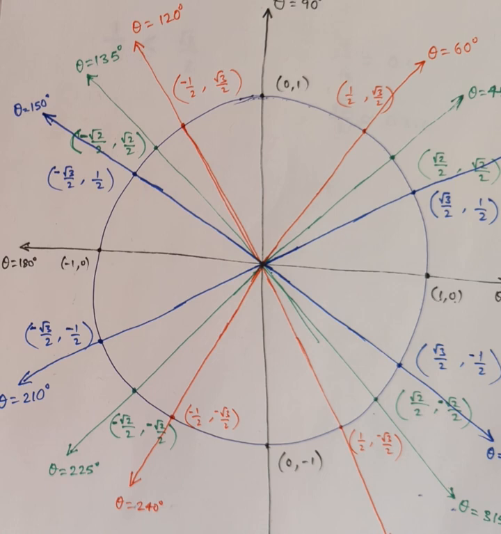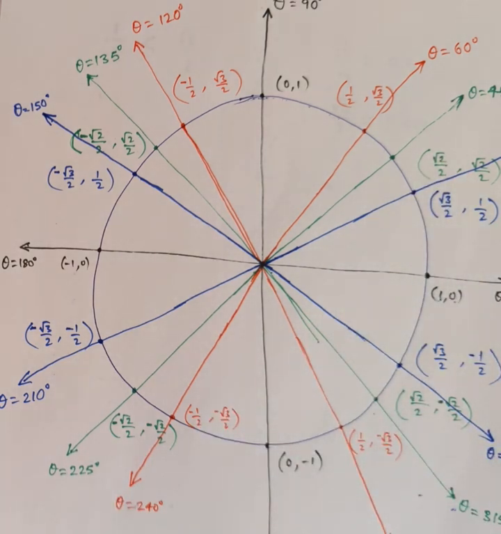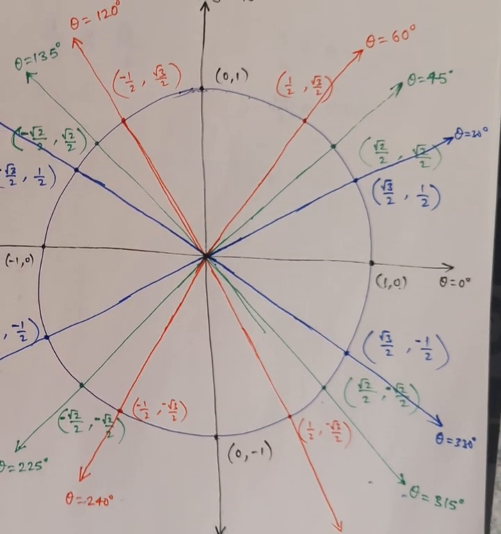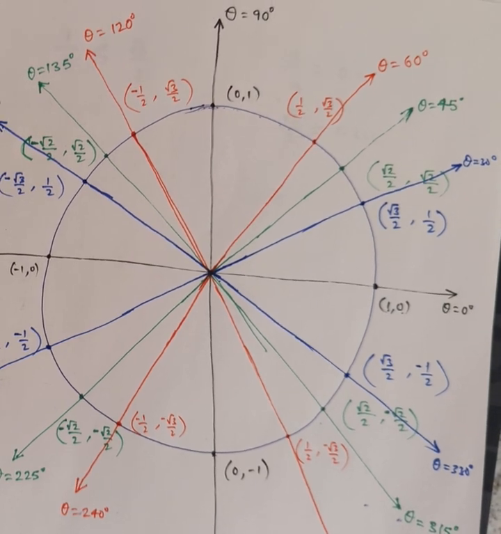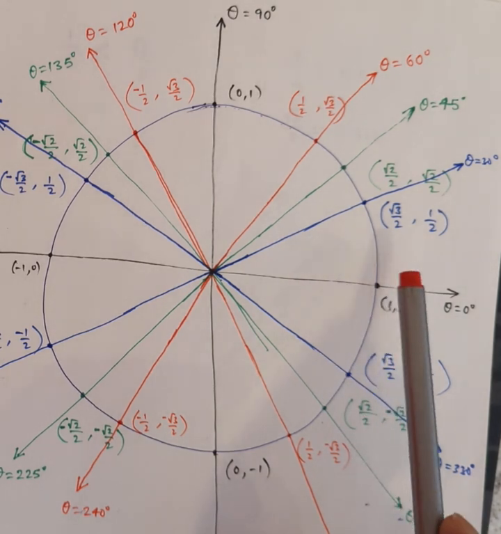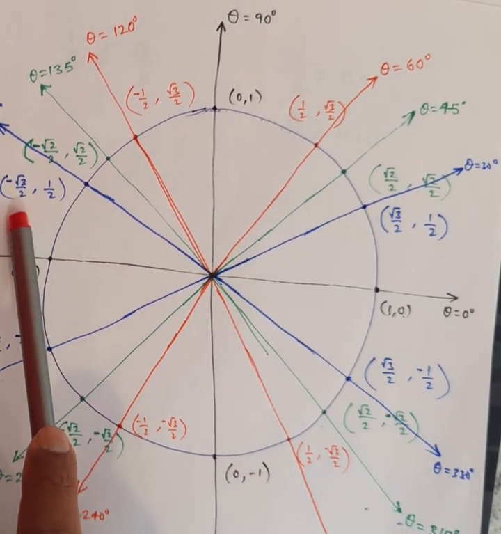And for the other angles, which are not in those northeast, northwest, southeast, southwest directions, you just have to figure out, is it closer to the x-axis or closer to the y-axis? And the one that's closer to the x-axis would have higher x-coordinate, like this point, 30 degrees, or 150 degrees.